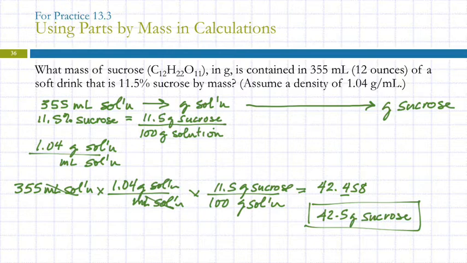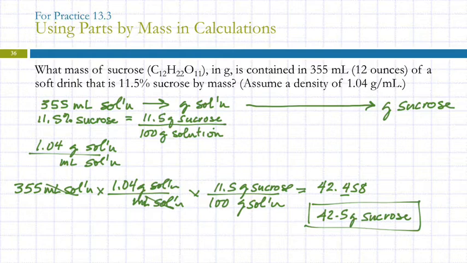Yeah, so they say assume a density of 1.04 grams per milliliter. This solution is sugar, which is a solid, dissolved in water. And so the density of water we should know is 1 gram per milliliter. The density of the solid sugar is not going to do us any good. So we should be able to assume that this is the density of the soft drink, of the solution.